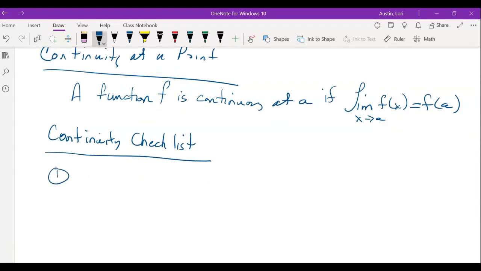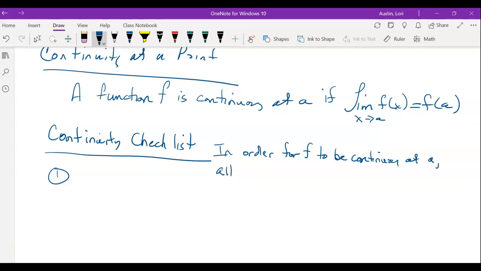So based on that definition, here's the first one. So I'll write, in order for f to be continuous at a, all 3 conditions must hold.